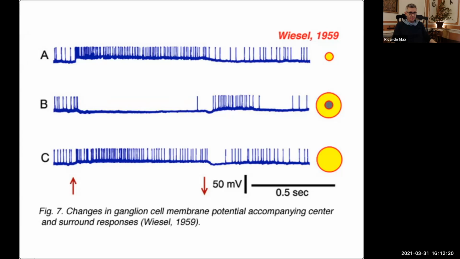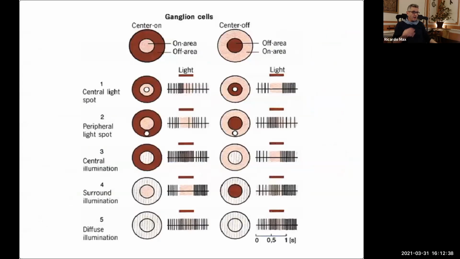I'm jumping ahead so you understand what you're seeing. When the light is small in this central area, the ganglion cells start to fire like crazy. When the light is outside, it stops. And when everything is lighted, it's something in between. So we have many different kinds of ganglion cells. Center on and center off are the two main.